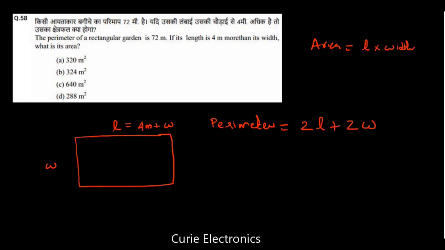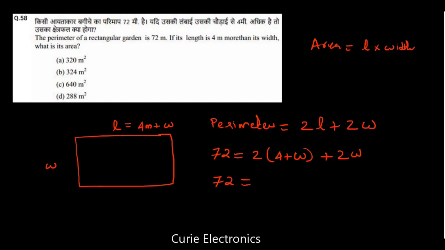We can represent it as A and B also, but I mention it as L for length and W for width. And one more thing, the perimeter he has given us is 72, right? So 72 equals 2 times (length, which is 4 plus W) plus 2W. Now this is the equation for the perimeter.